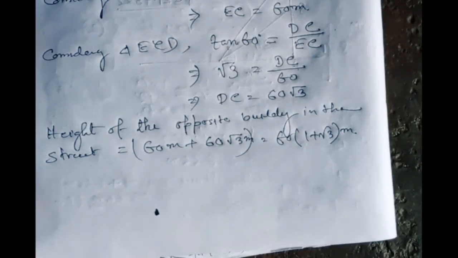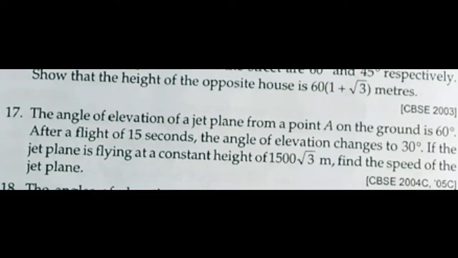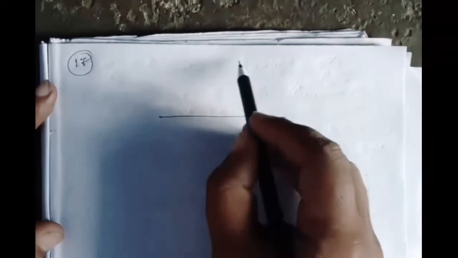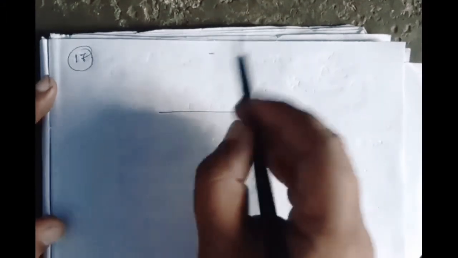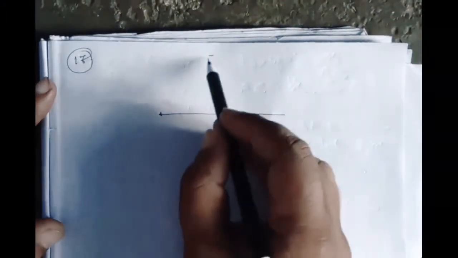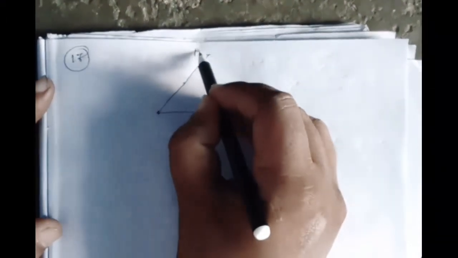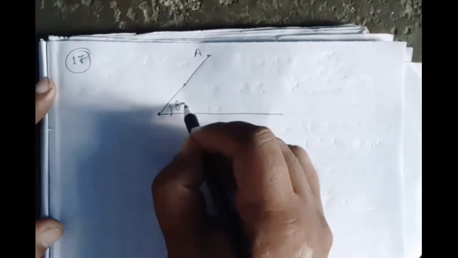Question number 17. Now first we are drawing the ground. This is the ground, and this is the jet plane. This is the first position of the jet plane, and from point A we are measuring the angle of elevation, which is 60 degree.